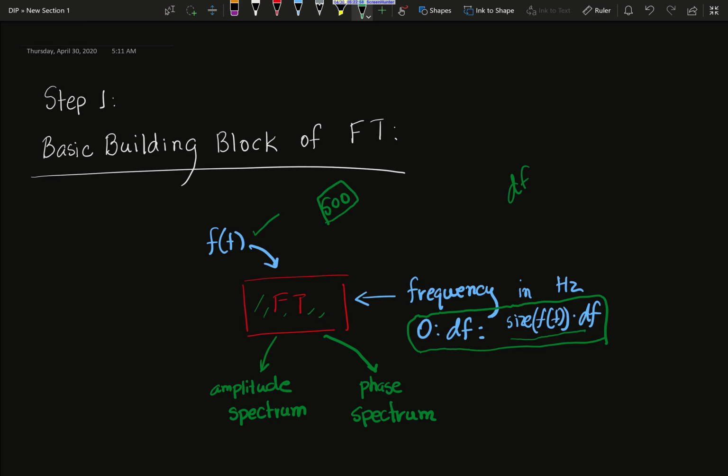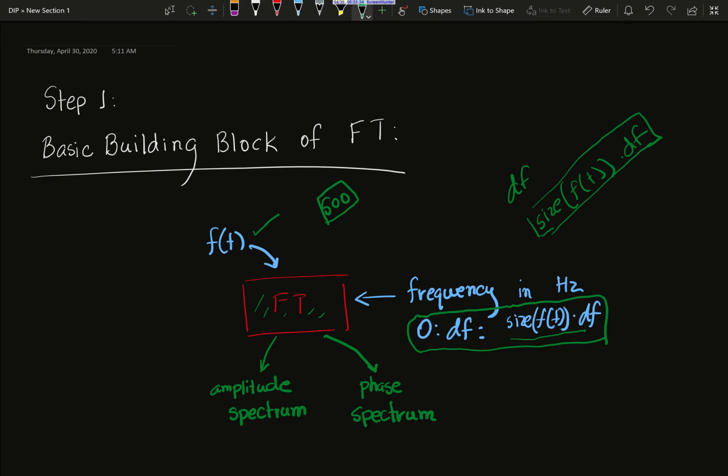The maximum we can go up to is the size of f of t times df. For now, just remember this. Don't worry about this because we're gonna see mathematical examples later where we are gonna clarify this.